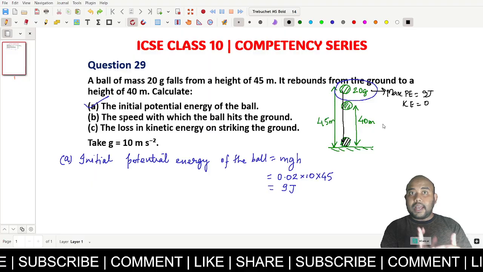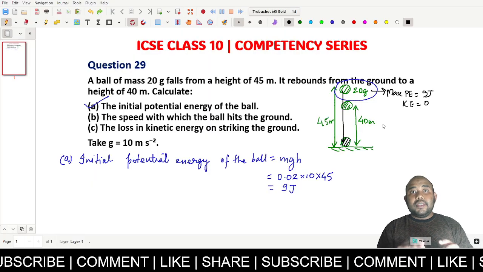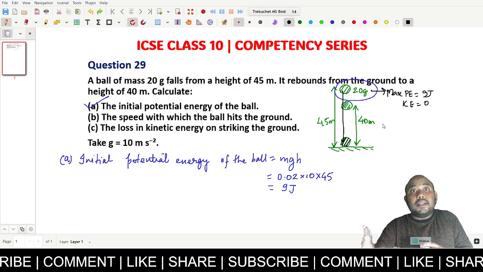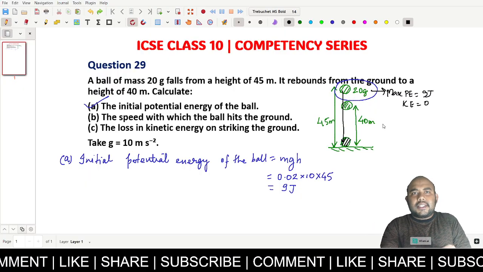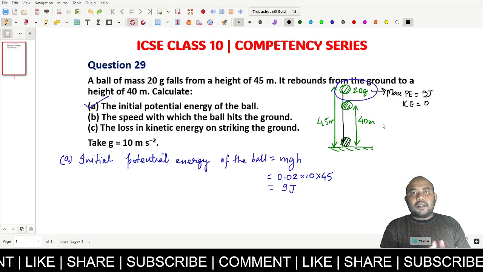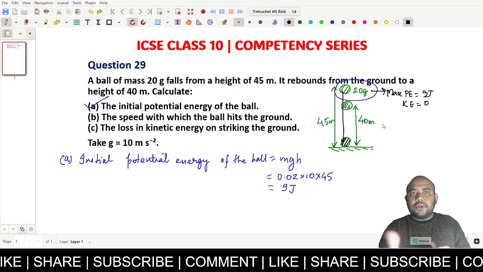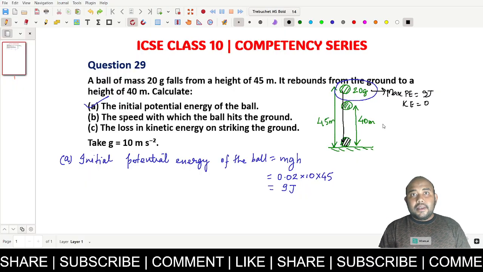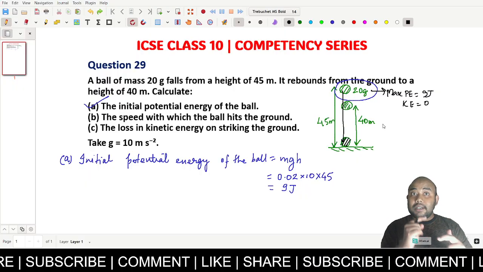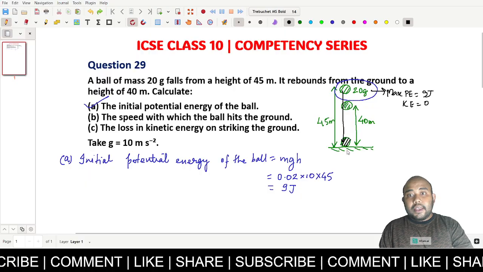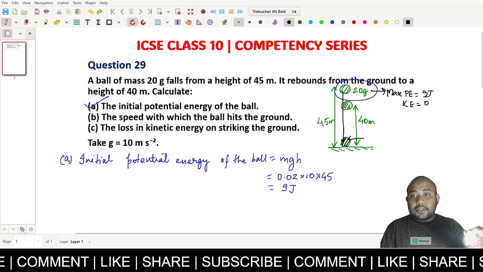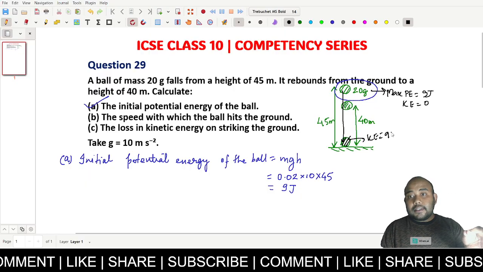We are talking about that instant of time when the kinetic energy has not further changed to any other forms of energy. Of course, in the very next instant, some part of the kinetic energy would definitely convert to heat energy, sound energy. But we are talking about that very instant when the ball has just hit the ground and the kinetic energy present in the ball is 9 joule.